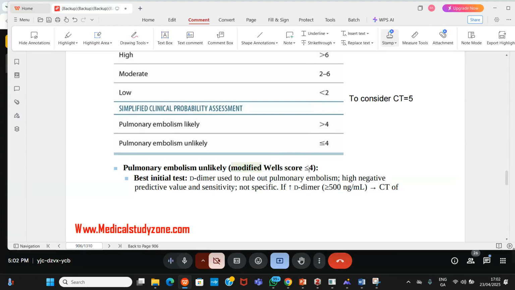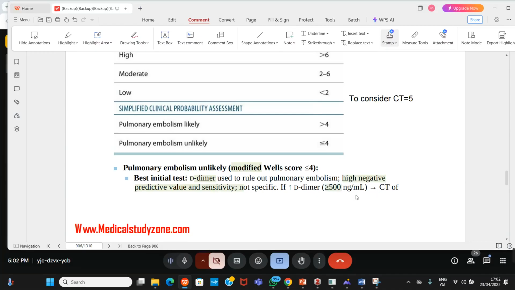I am going to immediately anticoagulate that person first, before I start looking at investigations, because this person has very, very strong evidence of pulmonary embolism. But if the person has 5 or 6, in that kind of person, you might still want to do your CT scan first before you proceed.